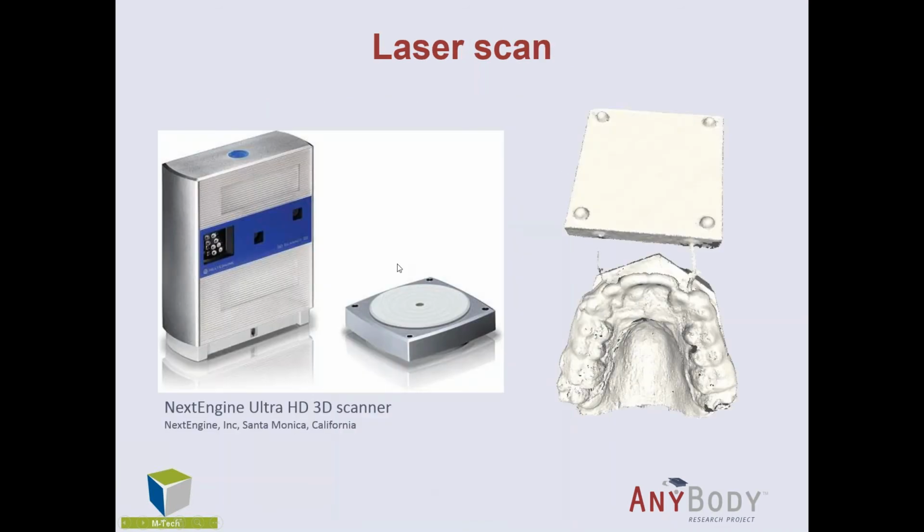So the last thing we did was we laser scanned these braces. So we used this Next Engine Ultra HD 3D scanner to reconstruct in 3D the brace, so we could use it in the model. And this has an accuracy of about 0.1 millimeter in the reconstructions.